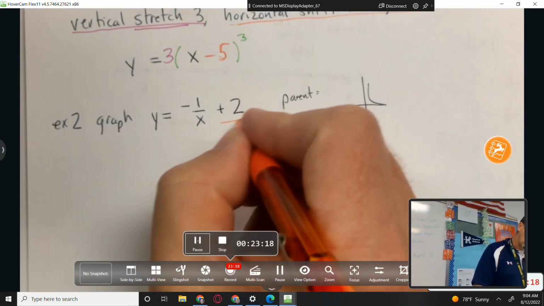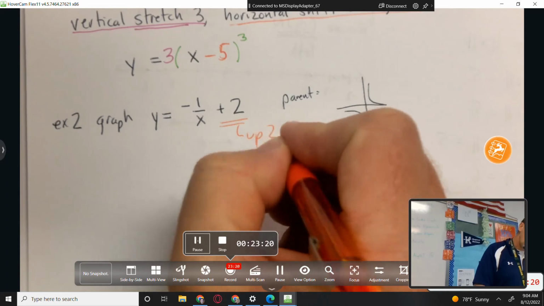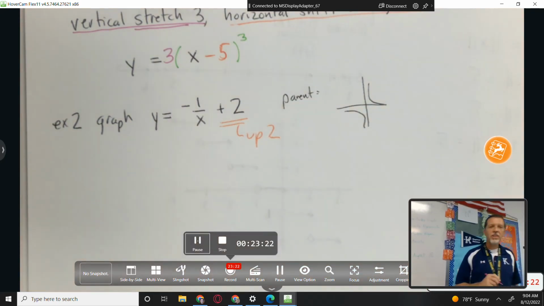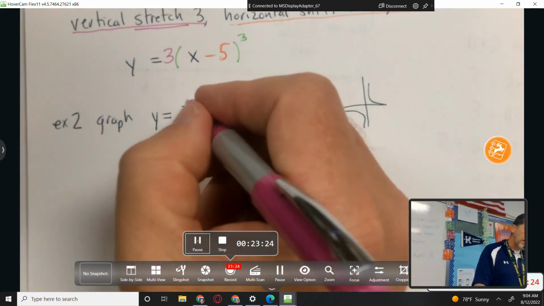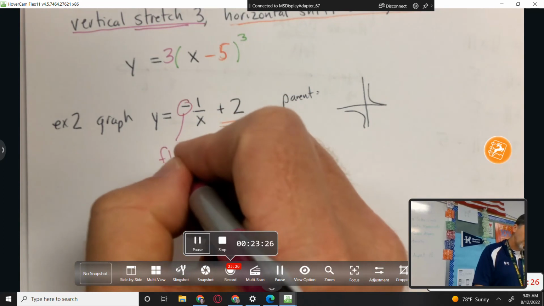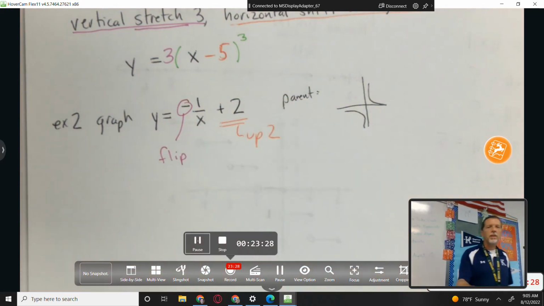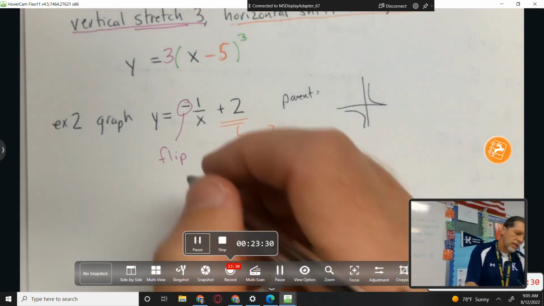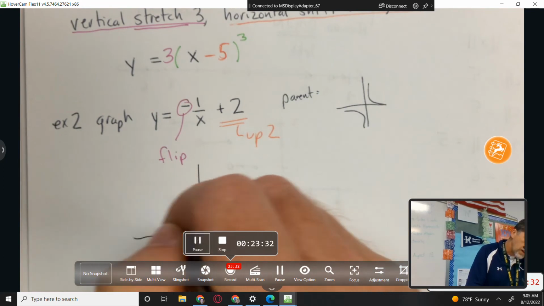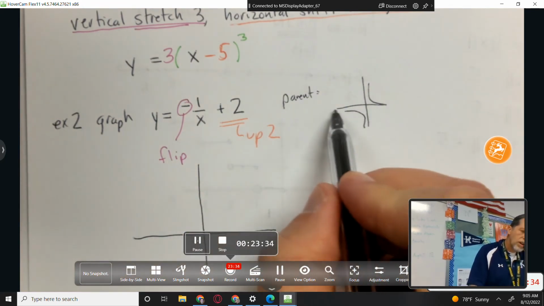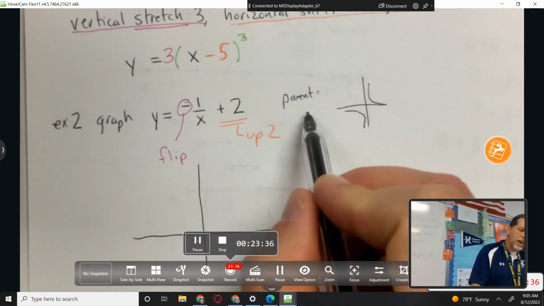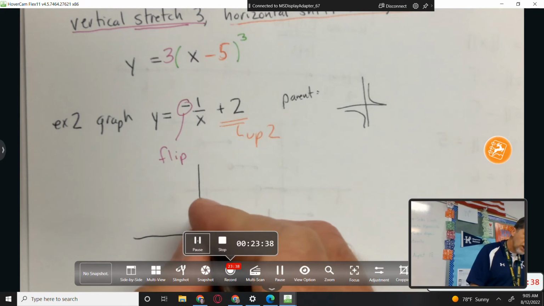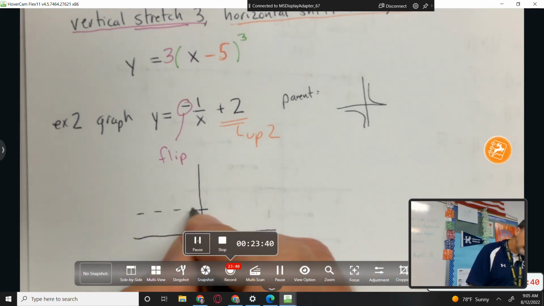Up 2? And what else? The flip, that negative sign out front means we've got to flip. So up 2, normally there's an asymptote there, so I'm going to move it up 2.